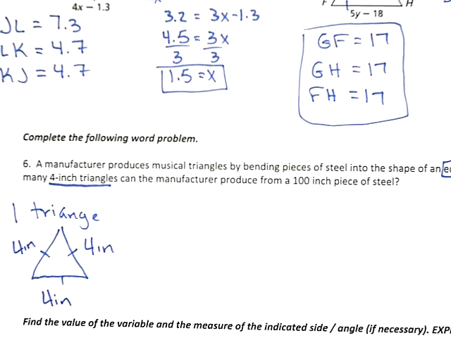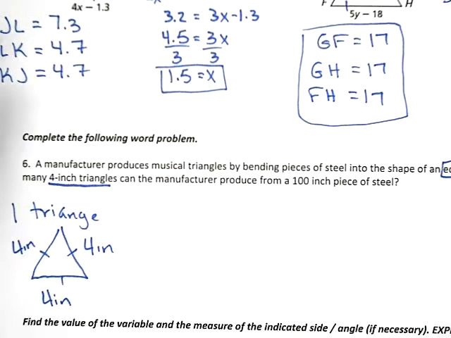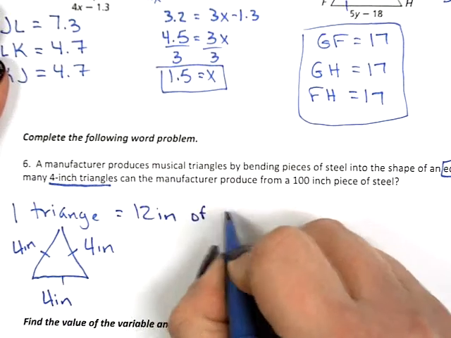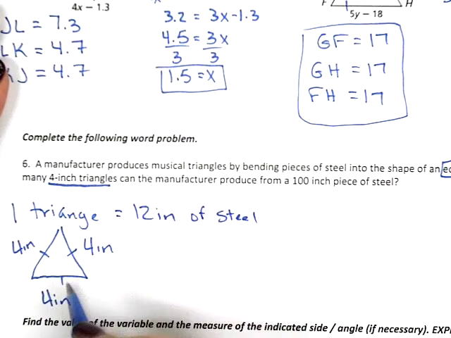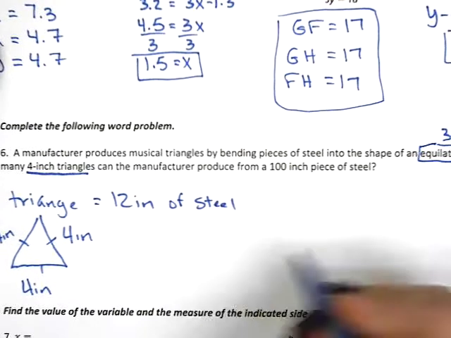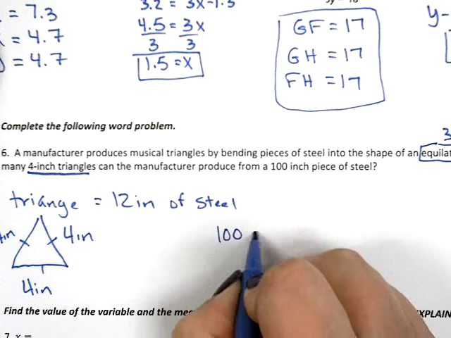So what that means then is that each triangle is going to use 12 inches of steel. One triangle is going to be 12 inches of steel. Right, 4, 4, and 4. So we want to figure out how many we can make with this 100-inch piece of steel. So just do 100 divided by 12.